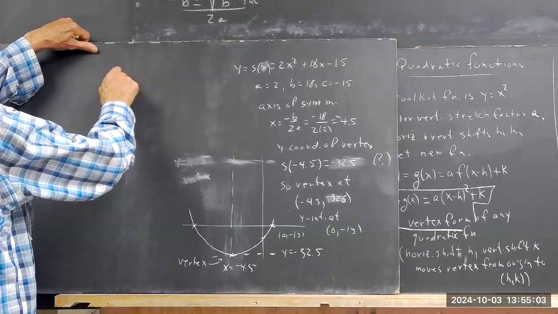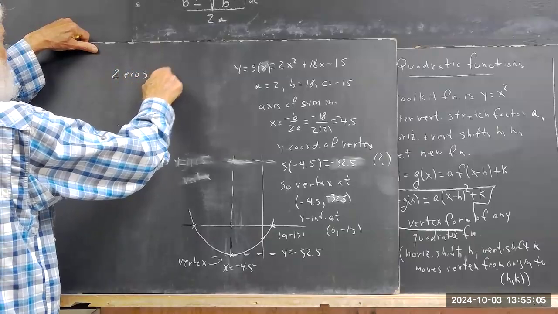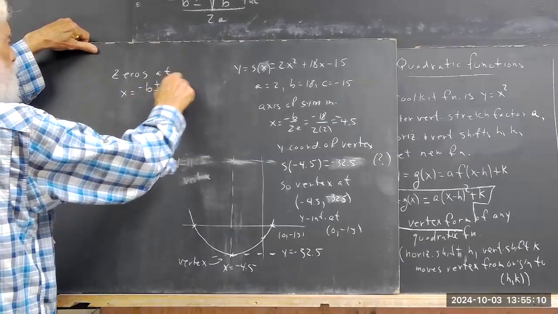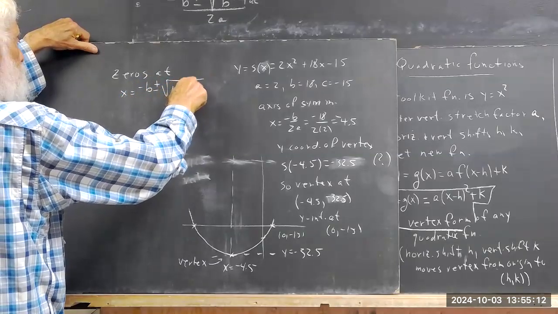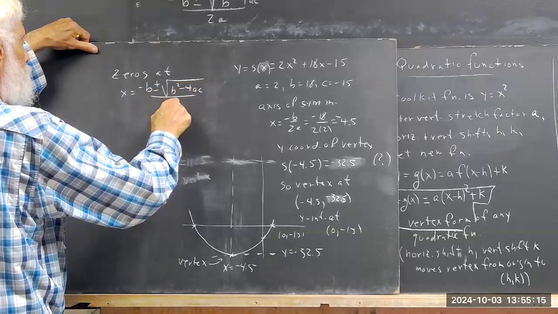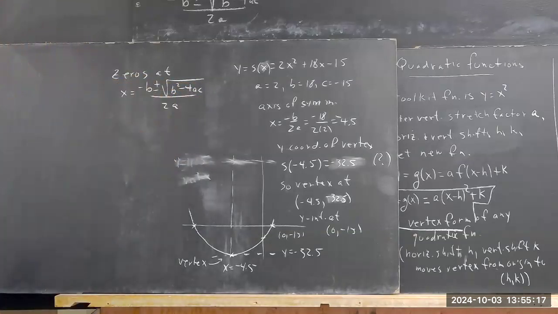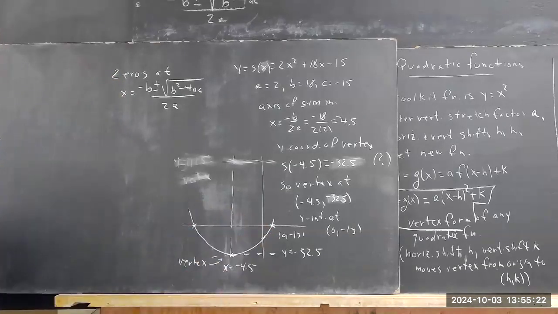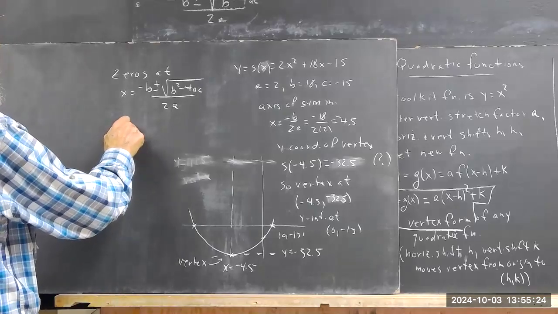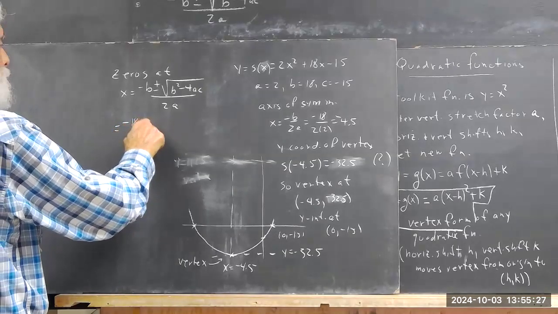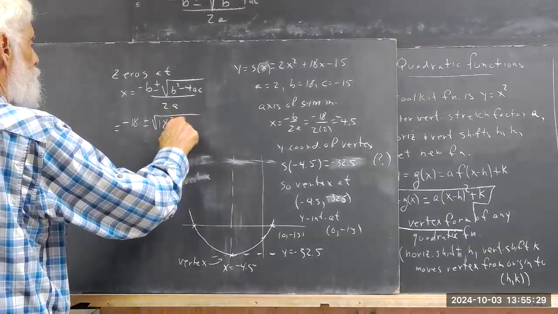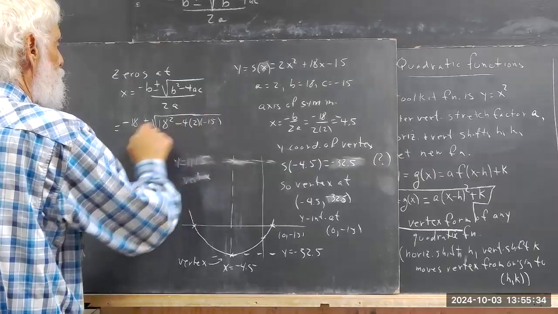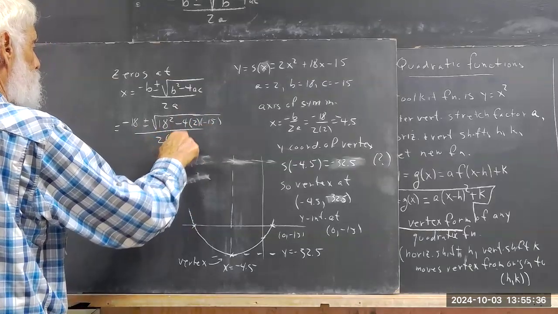Now, I hope everybody recognizes this, even if you didn't remember it. It's the quadratic formula, and that's the meaning of the quadratic formula. It tells you where the zeros are. Okay, well, x equals negative 18 plus or minus the square root of 18 squared minus 4 times 2 times negative 15, all divided by 2 times 2.